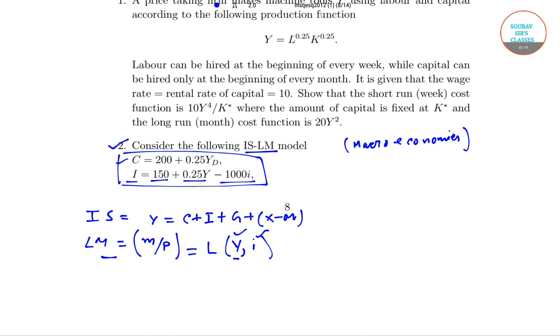This portion is the transaction demand, which depends on income, and this portion is the speculative demand, which depends on I.